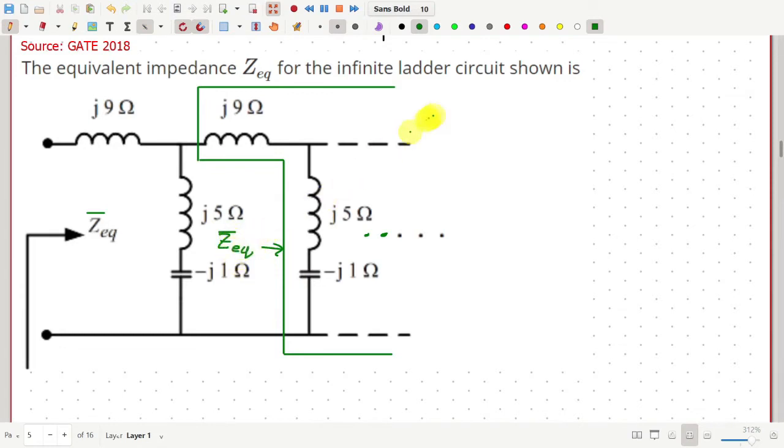So we can write that ZEQ is equal to this j9 ohm, then after that we have j5 and minus j1, so together they are plus j4, in parallel with another ZEQ.